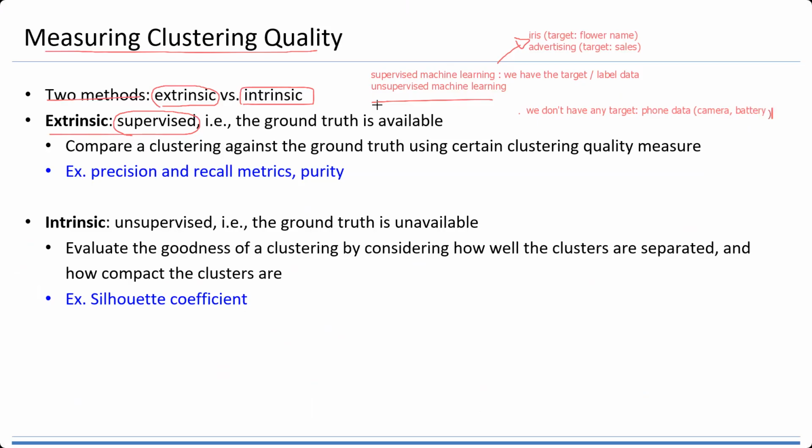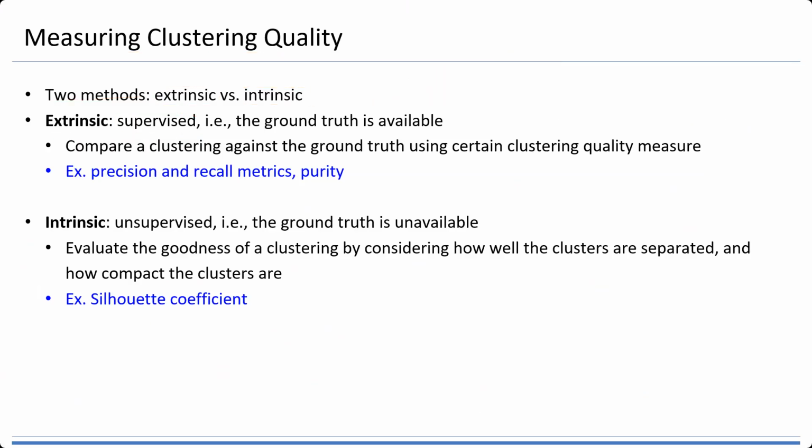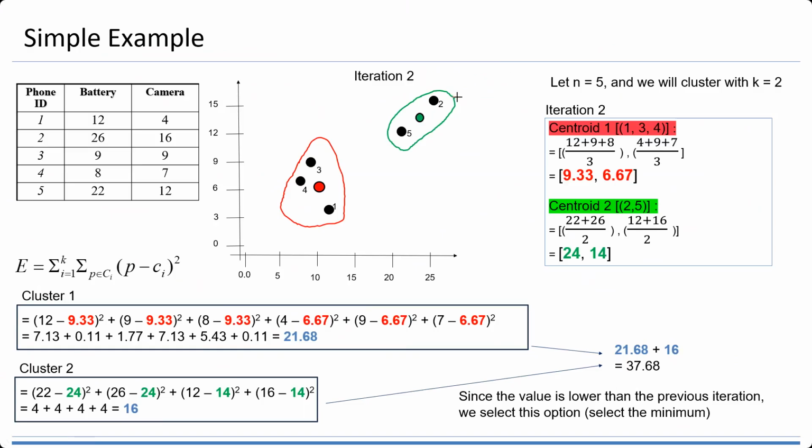And in unsupervised learning, we want to make groups. After we calculate the distance, we can find, okay, the groups are high quality phone and low quality phone. If you look at this one, maybe this is the high quality phone. The battery is long, and the camera is also good.